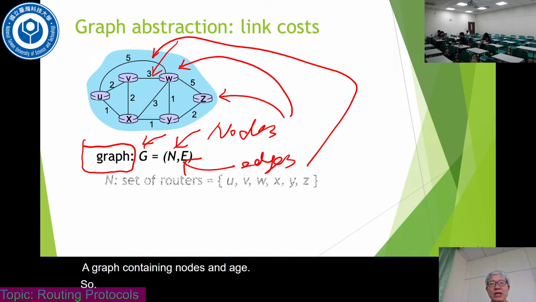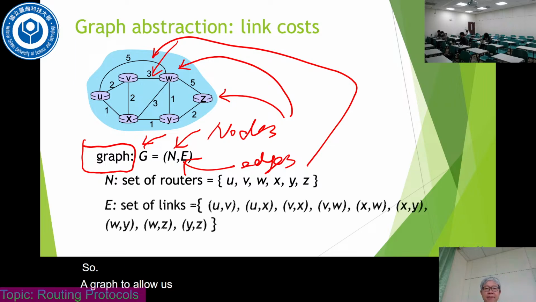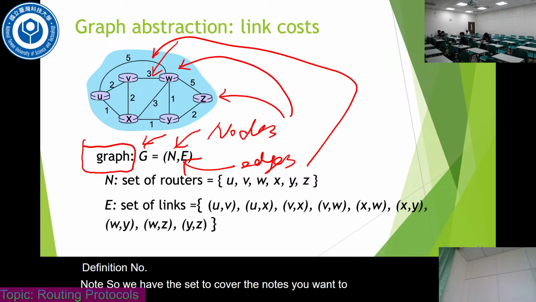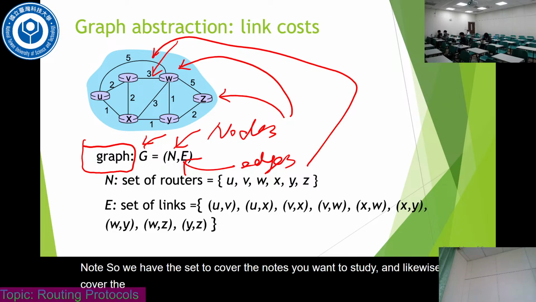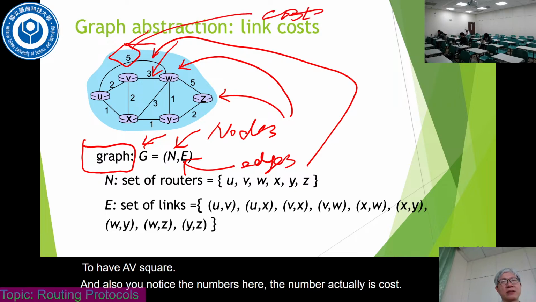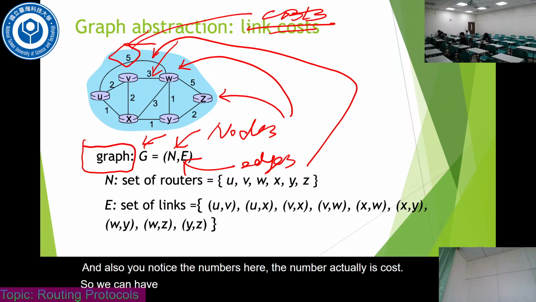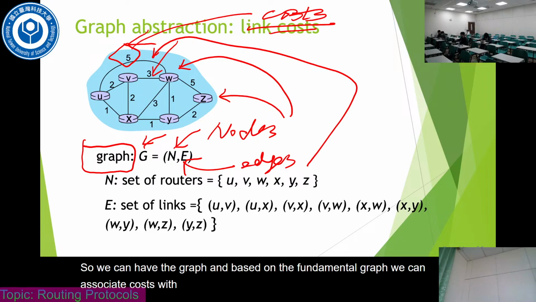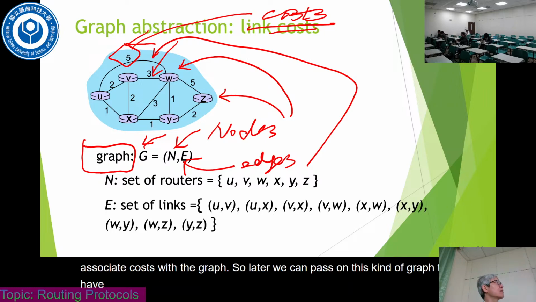A graph allows us to define the set of nodes you want to study, and likewise the links. And you also notice the numbers here, the number is the cost. So based on the fundamental graph, we can associate cost with the graph. Later we can base on this kind of graph to find the least cost path.